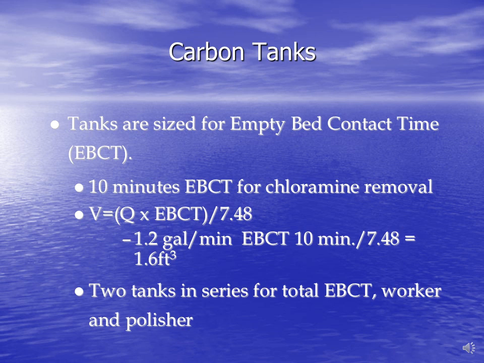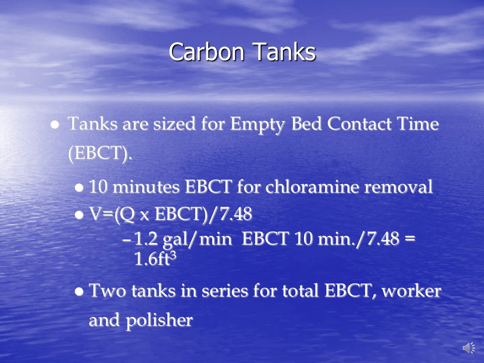And two tanks in series for total empty bed contact time, meaning that one tank is placed ahead of the other in a linear fashion. Water goes through the first tank and exits the first tank and goes directly into the second tank. Only one tank is required to adequately or effectively remove the chloramines.